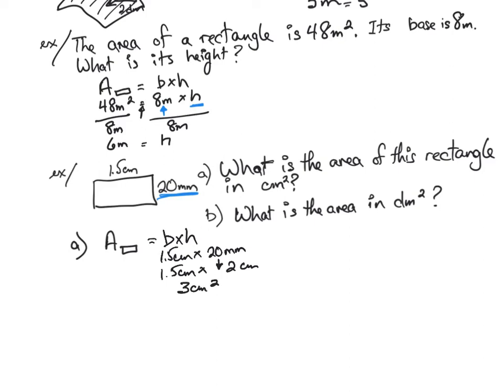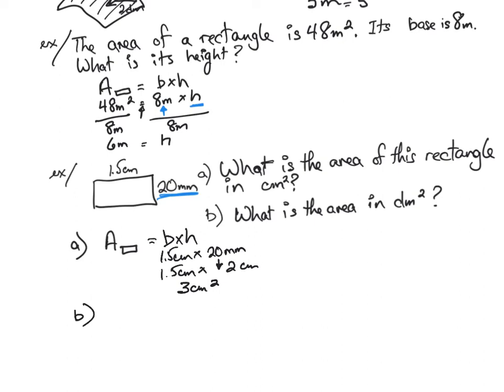Now, for question B, I'm asked to find the answer in decimeters, and some people might feel inclined to just say, well, there's a difference of 10 between centimeters and decimeters, and I'm going from centimeters to decimeters.